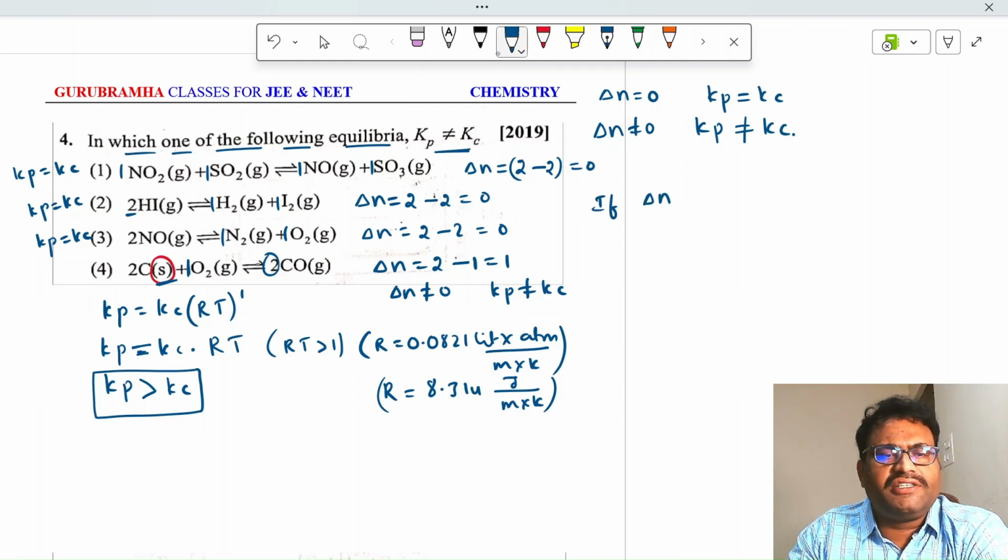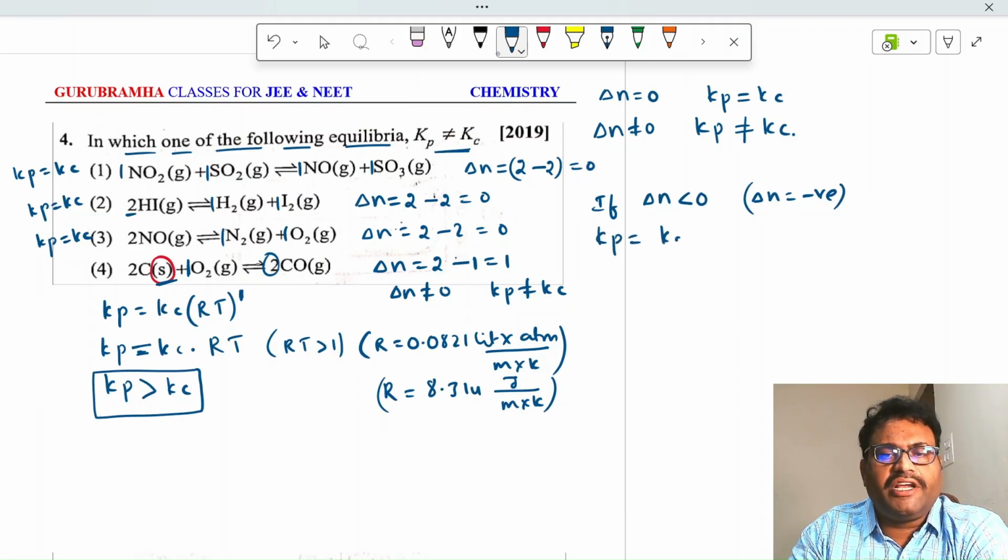Okay, and another condition, let us see. Here delta N is greater than 0. Now delta N is less than 0, that means delta N is negative. If it is negative, then what happens?